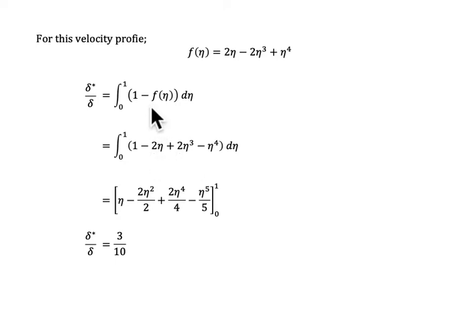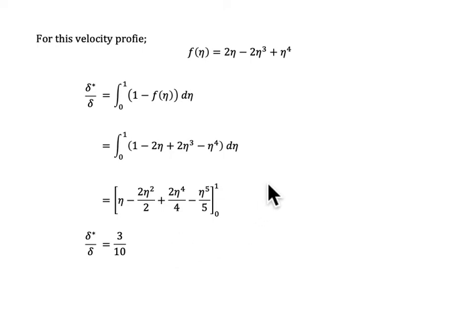Please be careful, because the minus here will change the minus of this one into a plus sign. We complete the integral process with limits 0 to 1, and we get delta star over delta equal to 3 over 10. The answer must be the same as in tutorial 1, question number 1.